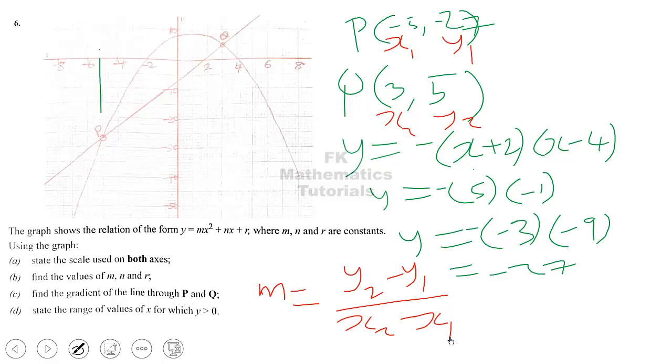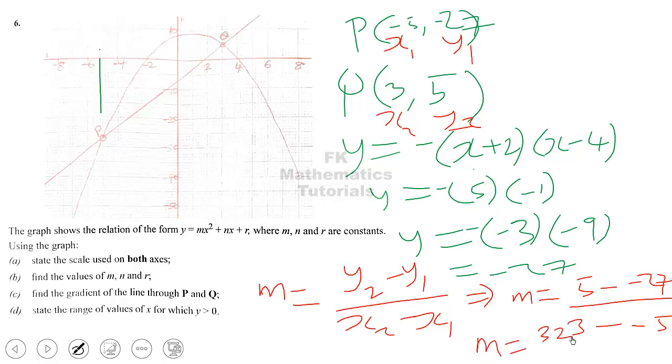So the gradient m will be equal to y2 is 5, y1 is -27, over x2 is 3 minus -5. That will give you 32 over 8. And I think this will give us 4. m equal 4. The slope of this line is +4.